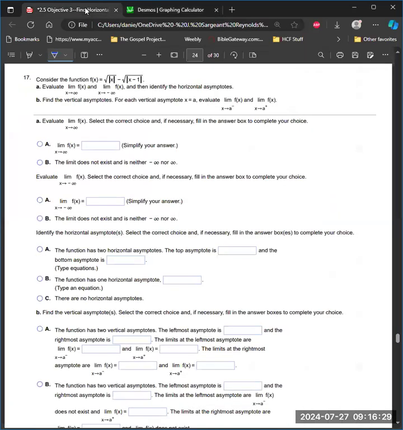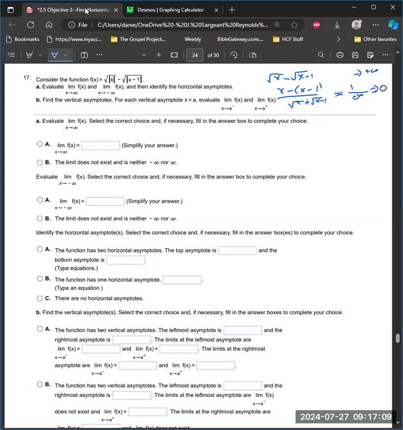What I'm going to want to do probably is write this as two separate functions here as square root of x minus square root of x minus 1 as I'm going towards positive infinity, and then rationalize this as x minus (x minus 1) over square root of x plus square root of x minus 1 is going to give me 1 over, and then that's going to go to infinity.